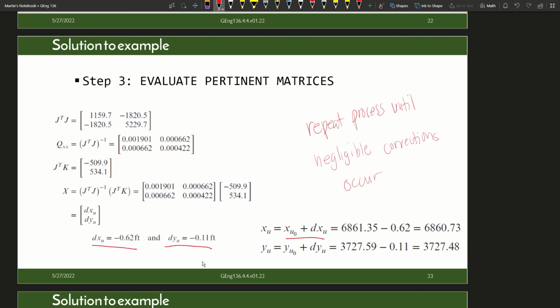Then you will have your new coordinates of x sub u and y sub u. Then if you still have this size of corrections, you repeat the process. Then we go back to, let's say, the first part.